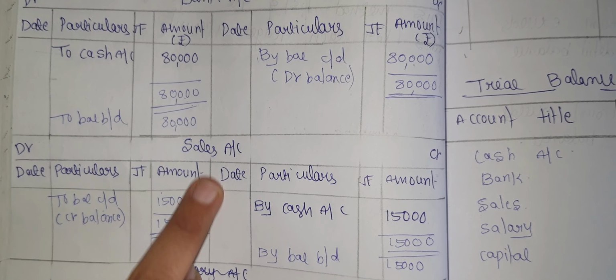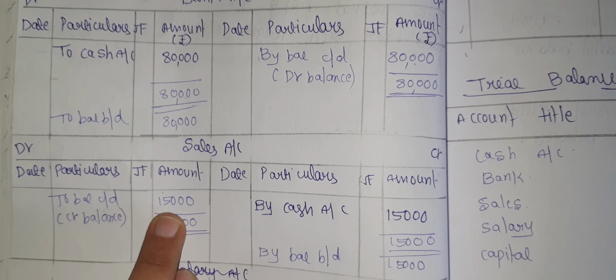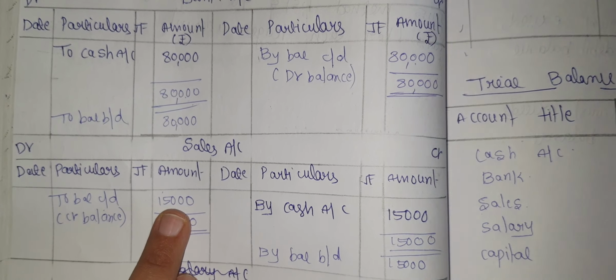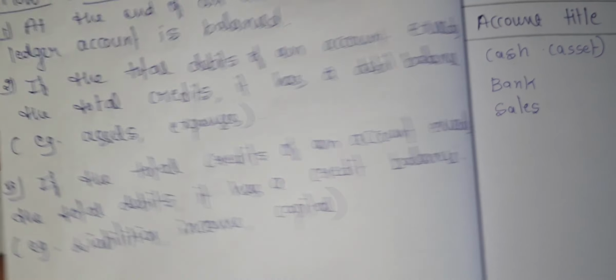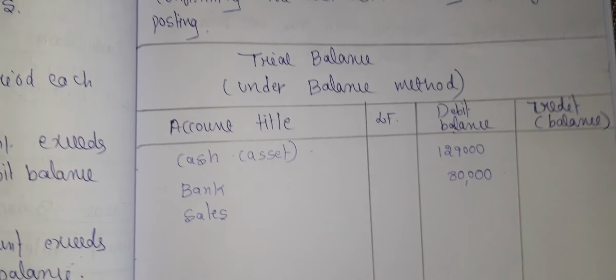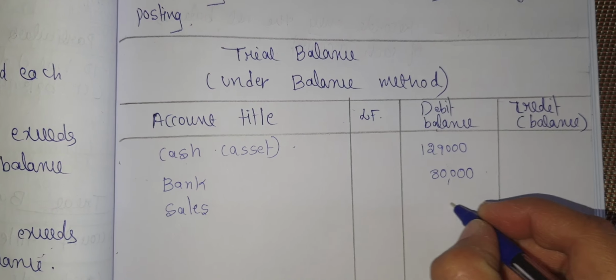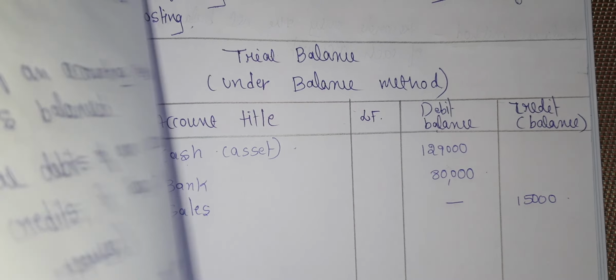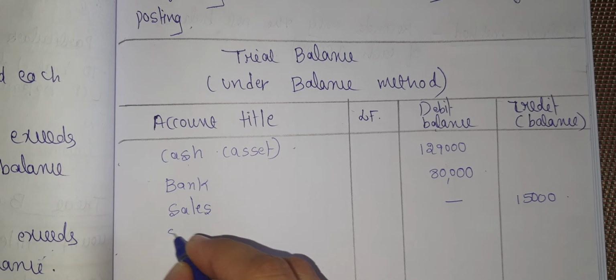Means here we have to write down the sales account, that is rupees 15,000 in the credit side. Okay, that is rupees 15,000. See here, sales, credit side rupees 15,000.